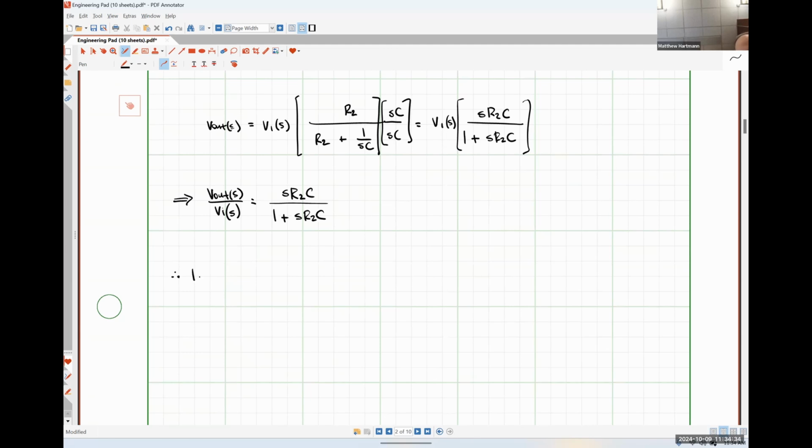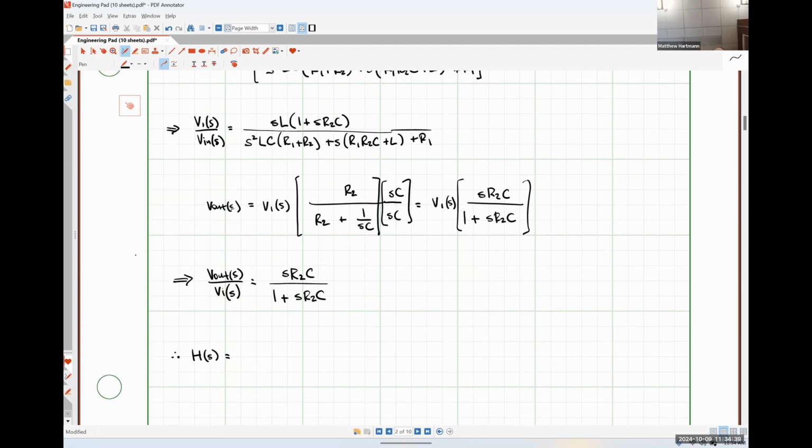Therefore, the H of S that we are looking for, so let me just scroll this really quickly. So I've got a factor of 1 plus SR2C in the numerator of this first transfer function. I have a factor of 1 plus SR2C in the denominator of the second transfer function. So when I multiply this guy by this guy, this part is going to cancel out this part.